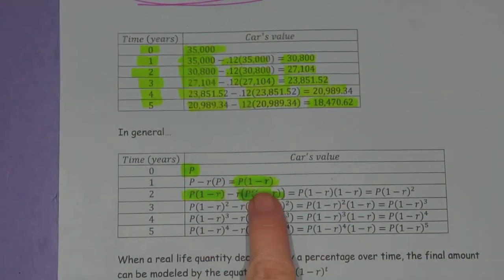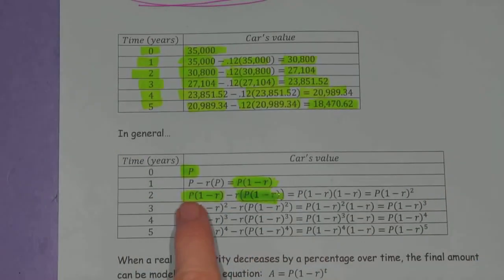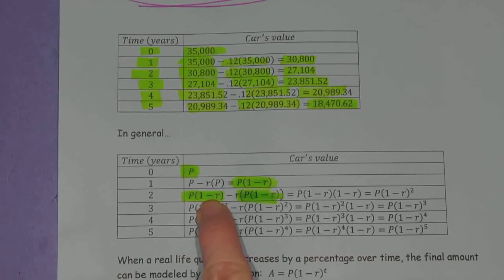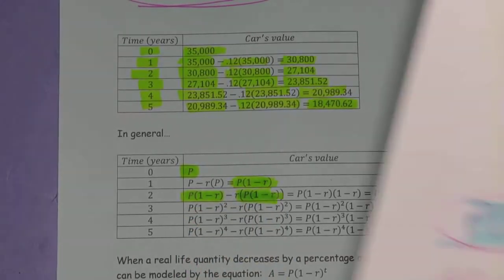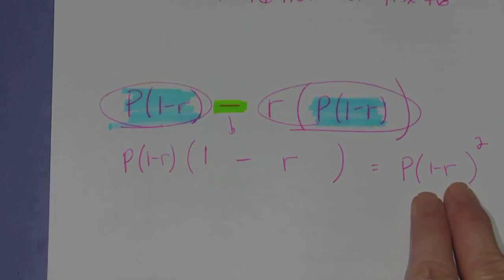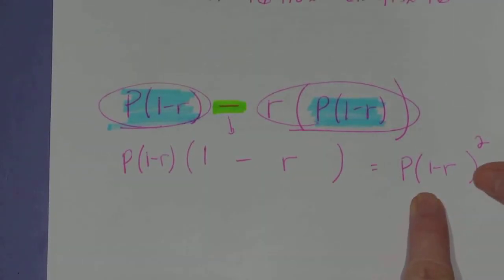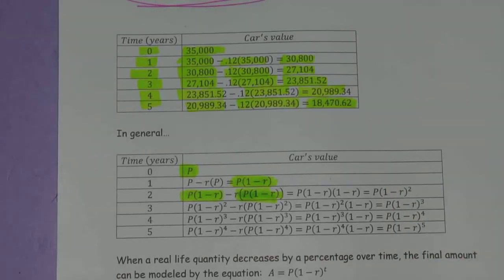Now, didn't we already do this? Didn't we already take P times 1 minus R, times P times 1 minus R? Didn't we already factor that earlier into P times 1 minus R squared? So that is what I have right here.